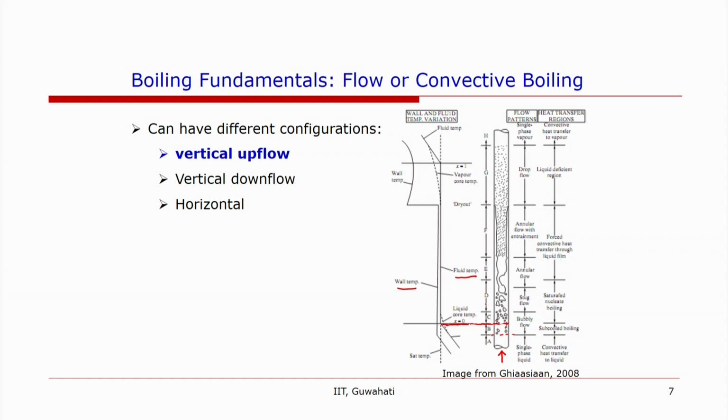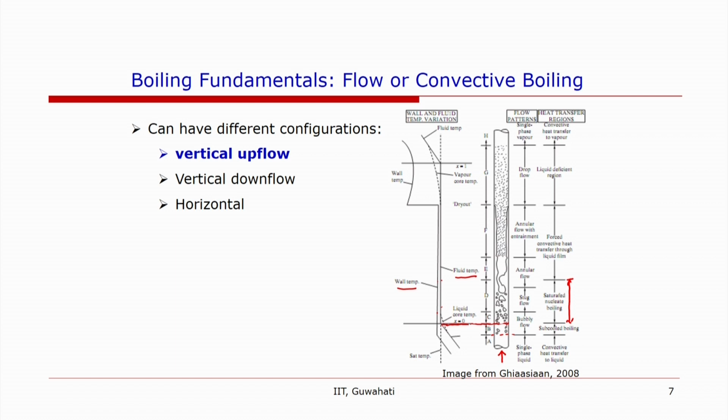As we increase the heat transfer, we can see that the wall temperature and the fluid temperature have both become constant, so the difference between the wall temperature and the fluid temperature is constant, and at a particular point until a certain length, what we observe is what is called saturated nucleate boiling.